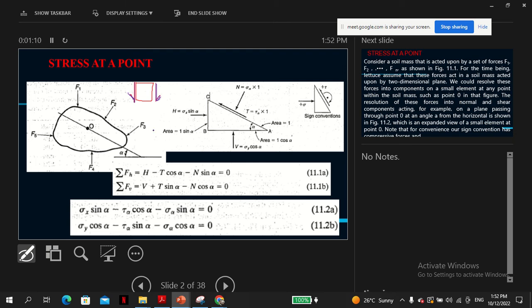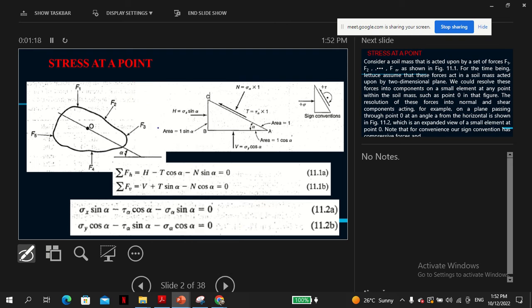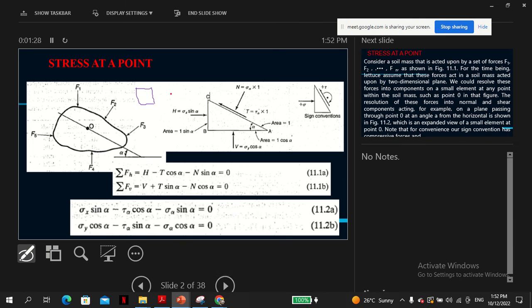Sorry, I think that's not right. Let me erase. So if this is your element, we have to follow the principles of equilibrium. So if the force is there, this has to be in the opposite, like that.